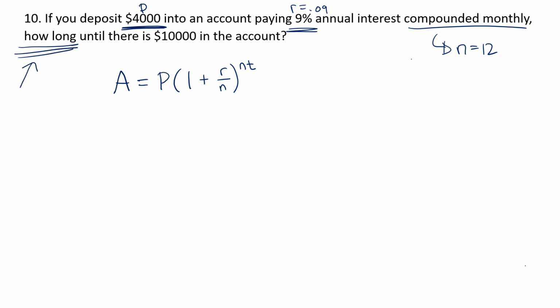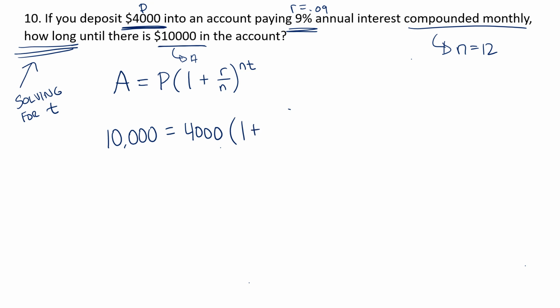Well, that means you are solving for t. And then how long until there is $10,000 in the account? Well, $10,000, that is your A. That's the total amount in the account. So let's just fill in your numbers here. I want 10,000 equals 4,000 times 1 plus 0.09 over 12 raised to the 12 times t.